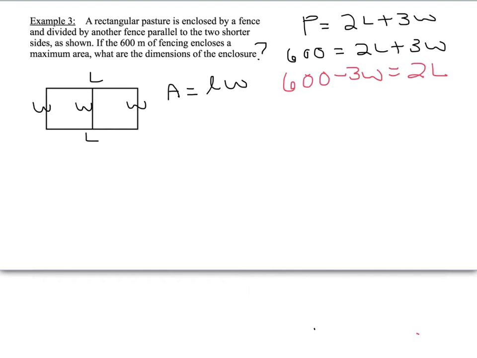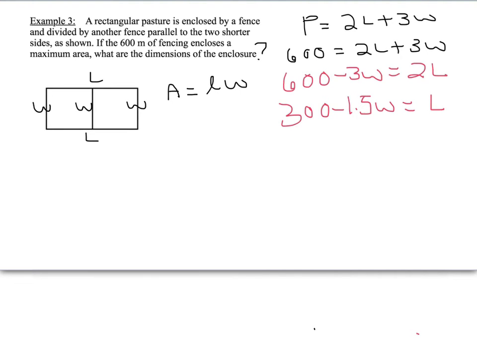Okay, so we have 300 minus 3/2 the width is equal to the length. We can go ahead and actually write that as 1.5. We're dealing with measurements here, so that will make it actually easier.